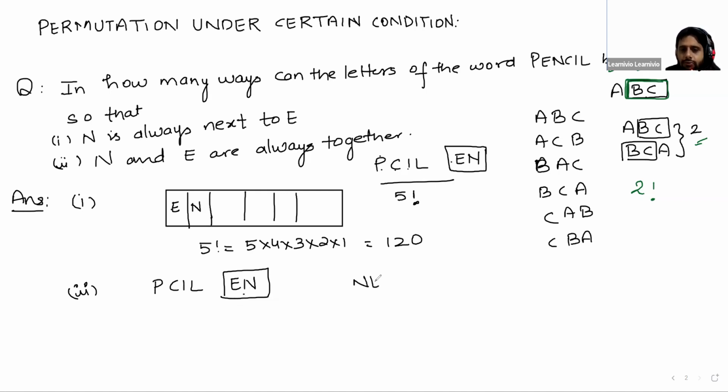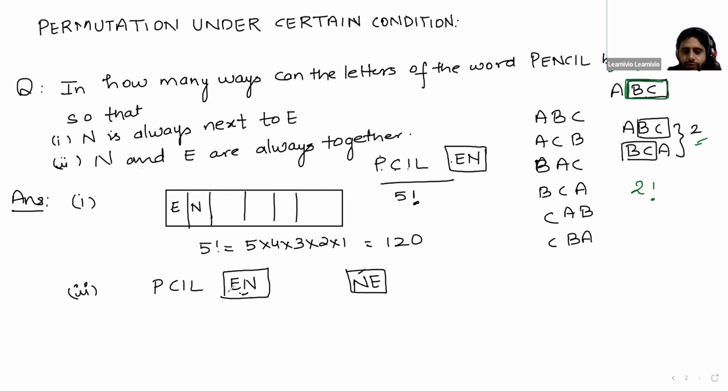Either this one or this one. So these two can interchange their position in case number 2, because in 2 they are saying N and E are always together. So this is an option as well as this. In the first one, N is always next to E, so only this option is possible. In the second one, we have both options.